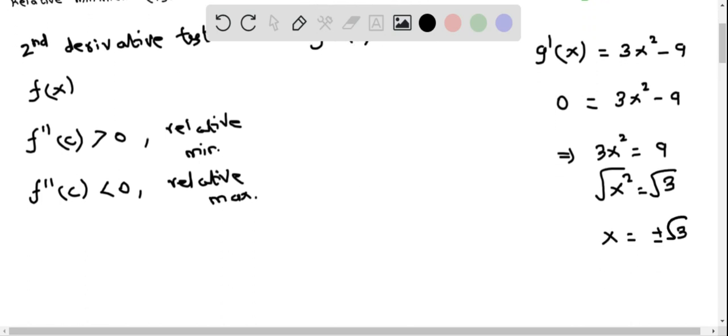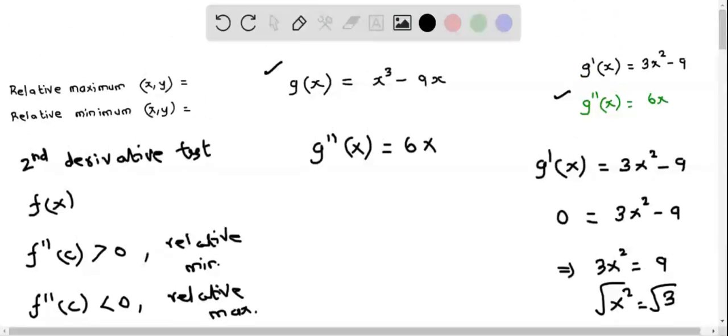So we get two critical points. One critical point we can consider as c1, which is positive root 3, and another critical point we consider as negative root 3. Now we plug these two critical points into the second derivative to determine its sign.